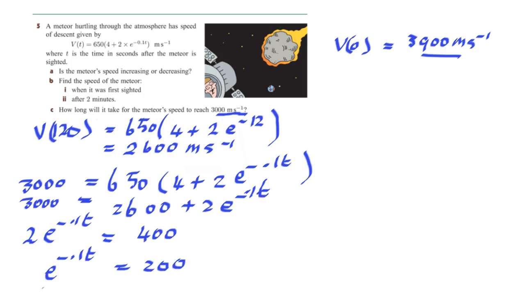So once we simplify it to e to the minus 0.1 t equals 200, if we take the natural log of both sides, ln of e to the minus 0.1 t is just minus 0.1 t, and ln of 200.